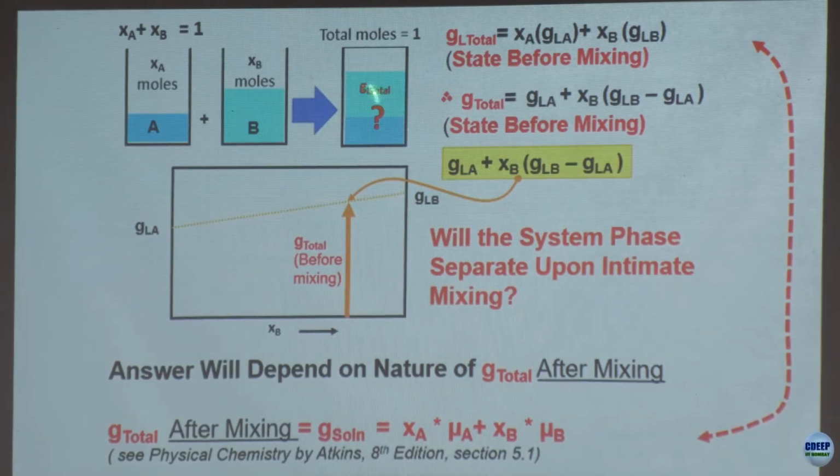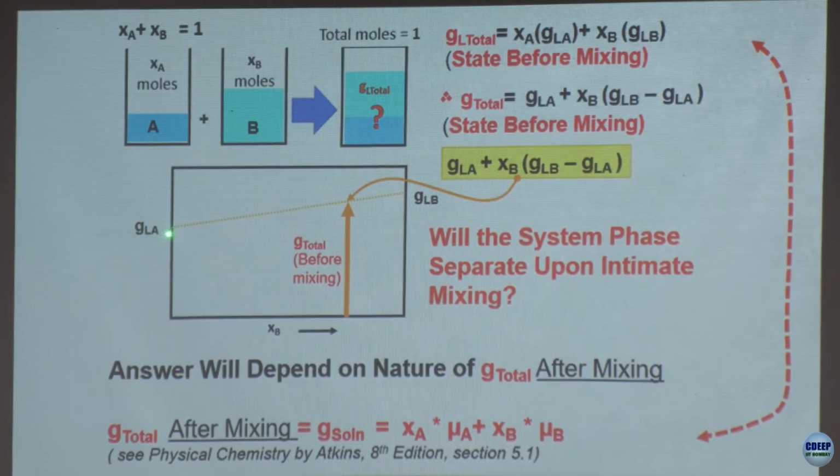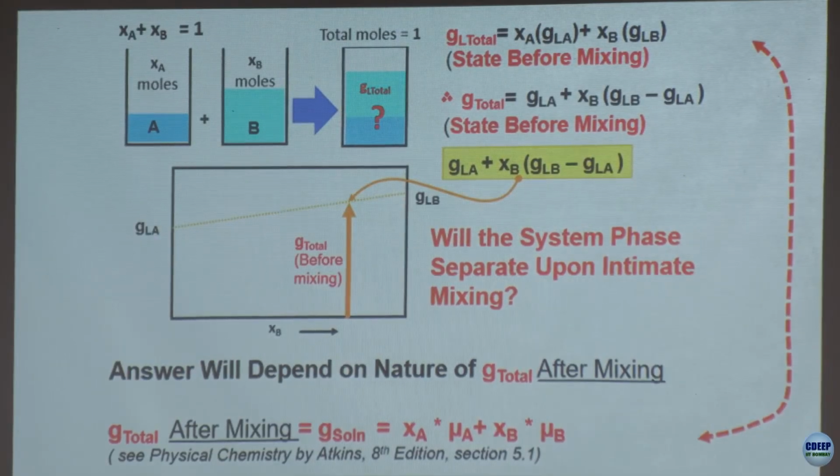So the total Gibbs free energy of this system for 1 mole is a straight line like this. The question is, will the system phase separate upon intimate mixing? The answer will depend on the nature of G total after mixing. Here they are not mixed together, they are just layered one above the other.